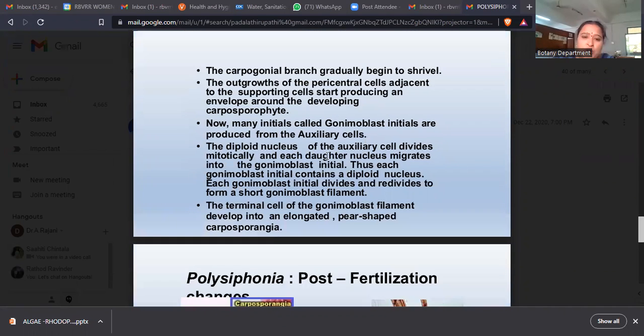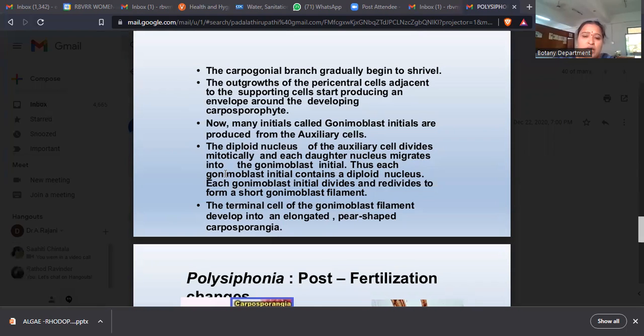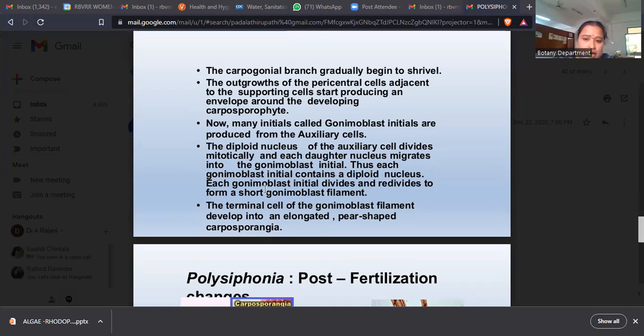The diploid nucleus of the auxiliary cell divides mitotically. Each daughter nucleus migrates into the gonioblast initials, so the gonioblast initials now have a diploid nucleus. Each gonioblast initial divides and redivides to form a short gonioblast filament.